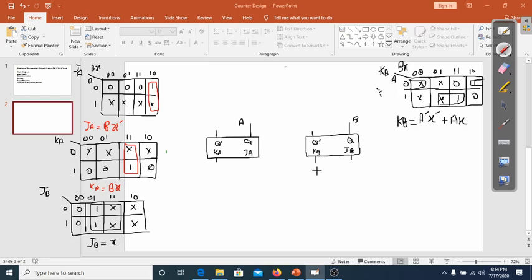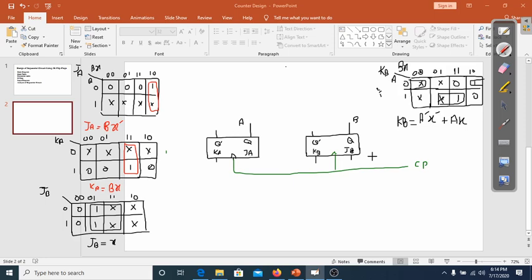Okay. Now these both flip-flops have a common clock pulse. Let me use some different color for the clock pulse. I'm using the green color for this clock pulse. So this is the clock pulse. These have a common clock pulse.